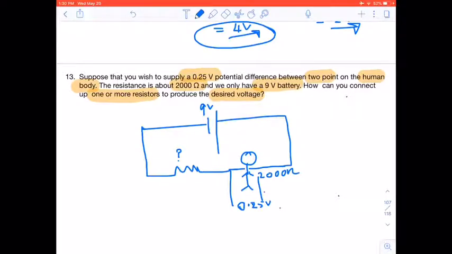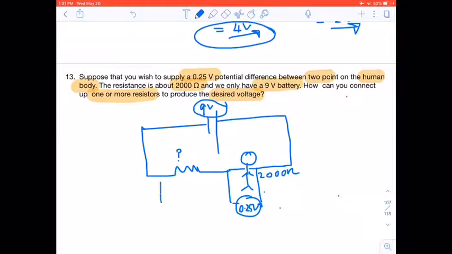We want a voltage of 0.25 volts, but our battery is 9 volts.